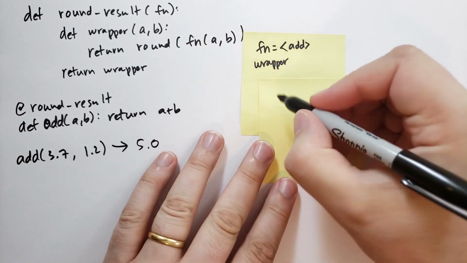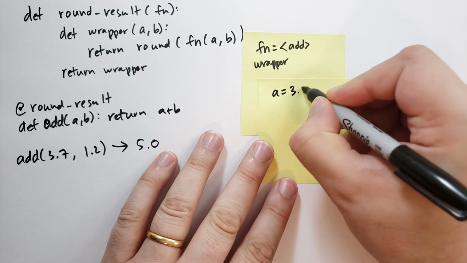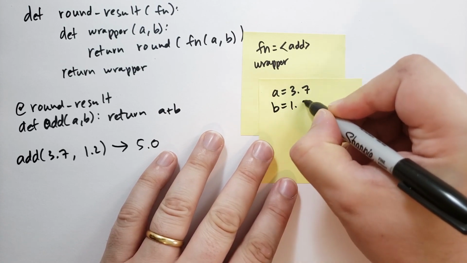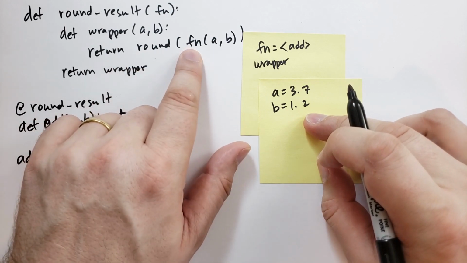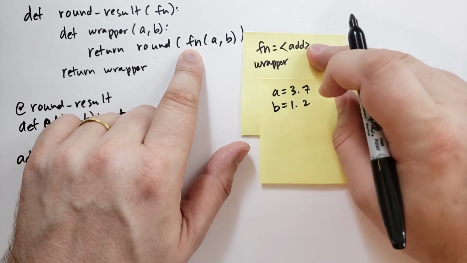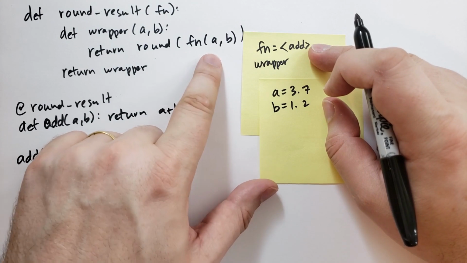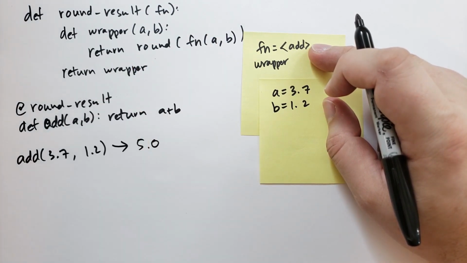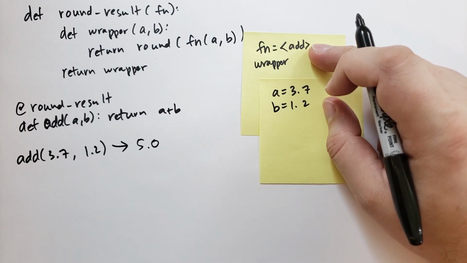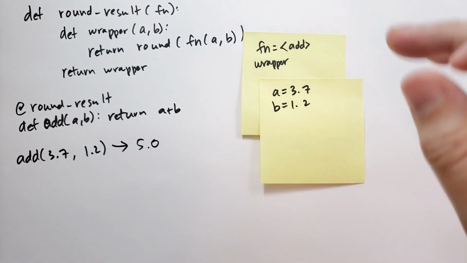So we're going to have A is 3.7, B is 1.2. All right. Then we're going to call fn on A plus B. So the fn of A plus B is going to give 3.9. Then we're going to pass that into the round function and return the result, which is going to be 5.0. 3.7 plus 1.2 is 4.9, not 3.9.